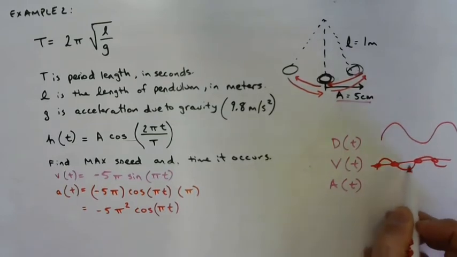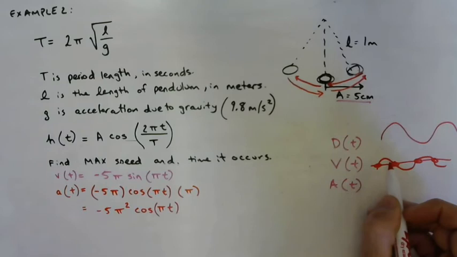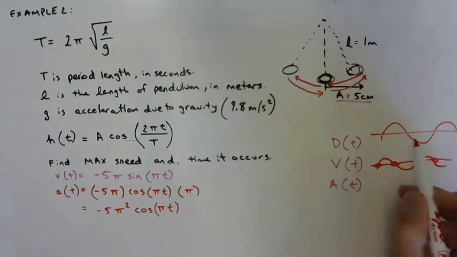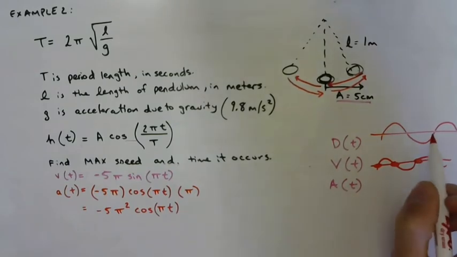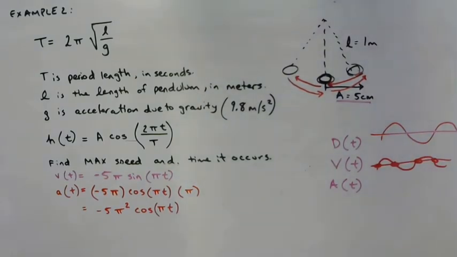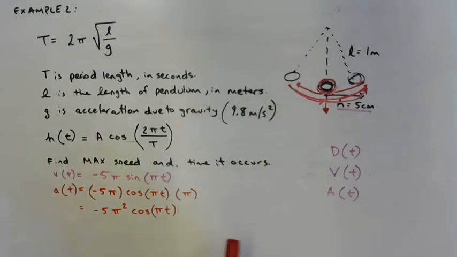But we don't know if these are max or mins. We already found out that our maximum velocity will occur, our critical points for velocity will occur where our acceleration function is equal to 0.